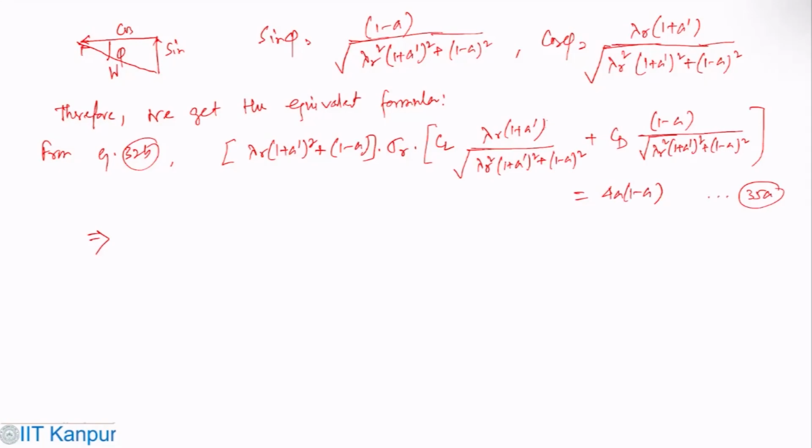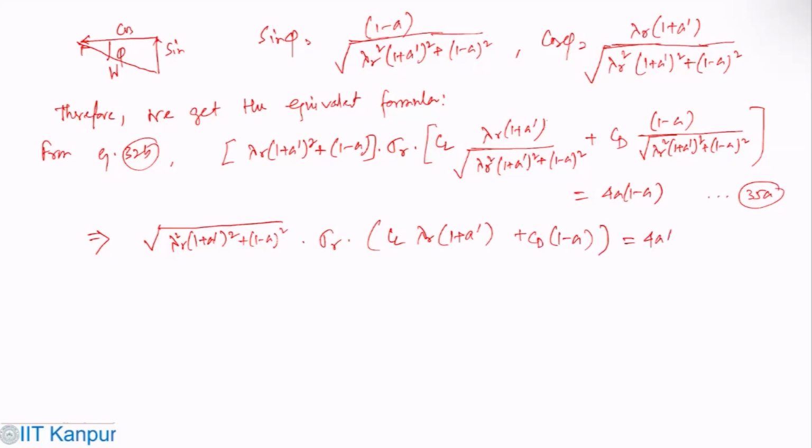So that we can write, lambda r square 1 plus a prime square plus 1 minus a square sigma r, CL lambda r 1 plus a prime plus CD 1 minus a, equals 4a into 1 minus a. So 32b.